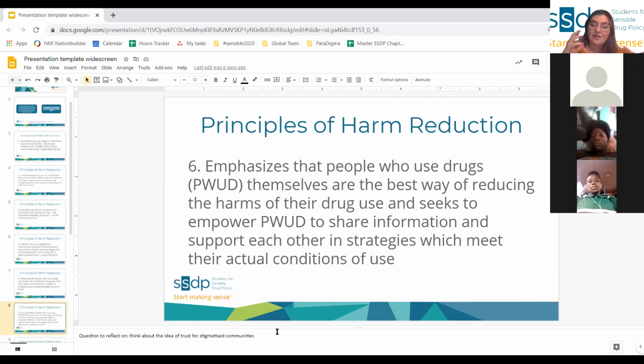Have an idea of how people who use drugs are affected by this kind of stigma and being treated worse than other people. Think about how that affects their trust and who they'll listen to. So that's the question to reflect on.